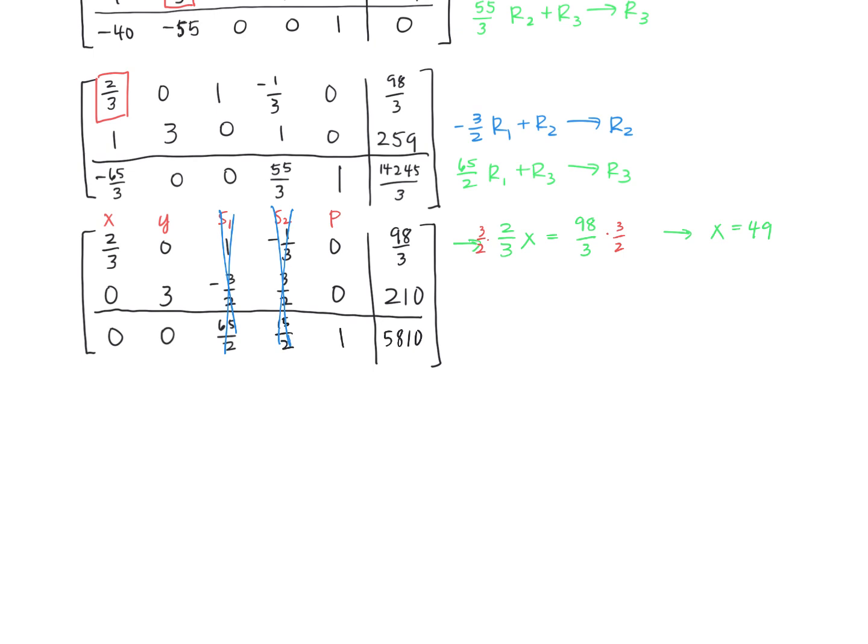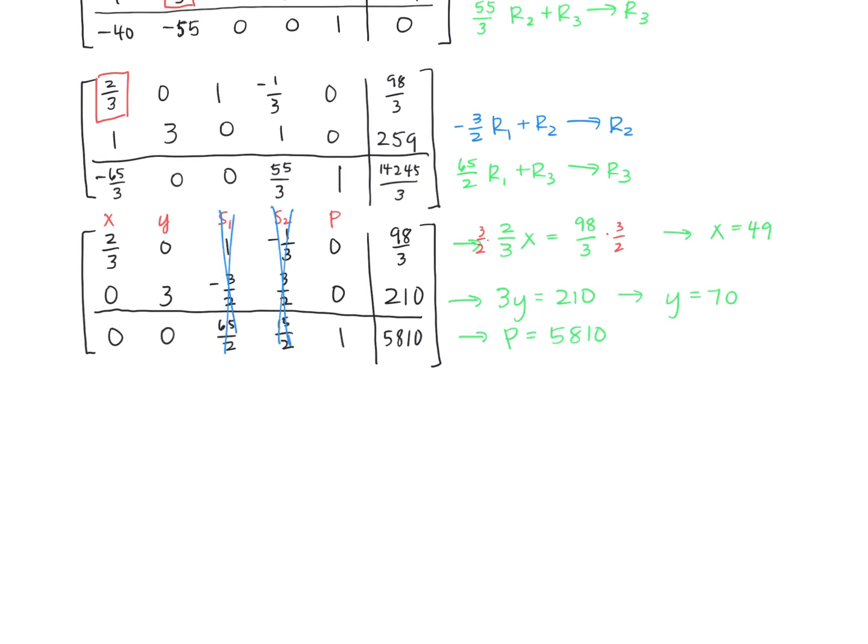Okay. Similarly, we can do the next equation. So from the second row, we will get 0x plus 3y is equal to 210. So divide by 3 and we'll see that y is equal to 70. And then from the last row, you will see that you have 1p is equal to 5,810.